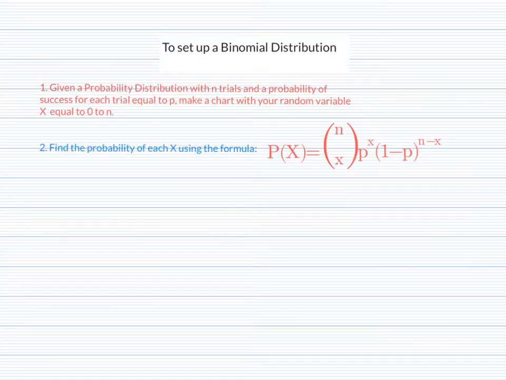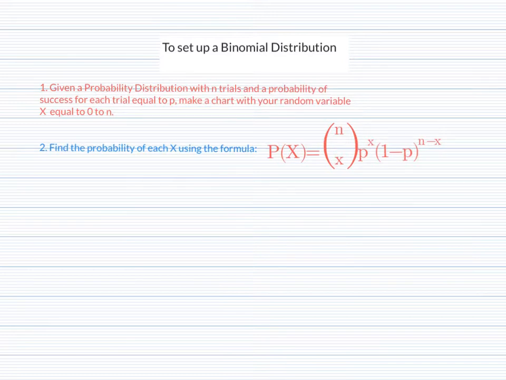Alright, so here are the steps on how to set up a binomial distribution. The first thing you want to do is, if you have a probability distribution where there's n trials and the probability of success for each trial is equal to p, then we're going to make a chart with your random variable x, where x is 0 to n.